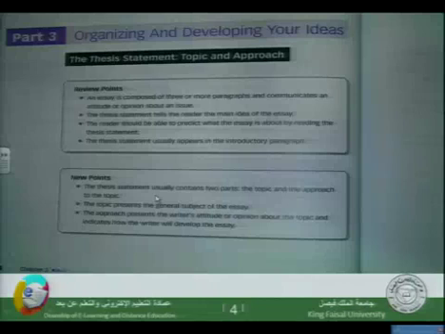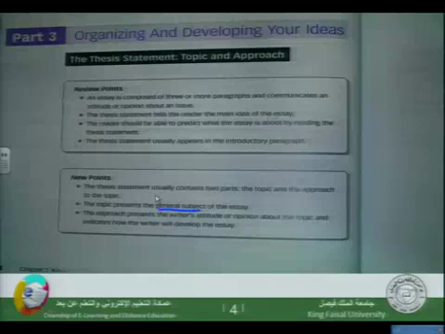So just avoid detail at the beginning, because we're going to talk about this when we talk about supporting ideas. Right. The topic presents the general subject of the essay. So this is the main idea, the general subject, meaning you have to be general and avoid being so specific right at the beginning. It's not wise to do that.